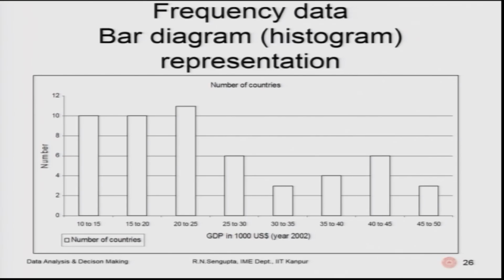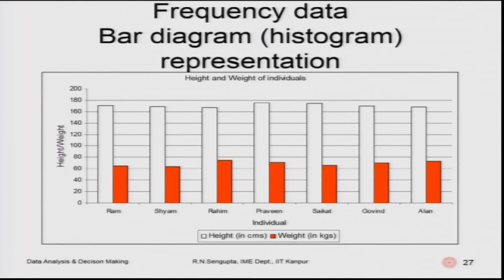If you see the histogram, if the height is 10 countries, it means the GDP in 1000 between 10 to 15,000 is for 10 countries. Say, GDP of 45 to 50 is for about 3 countries. So the height gives you the number of countries, and along the x axis you have the grouping of GDP in 1000 between values of, say, 10 to 15, 15 to 20 and so on and so forth.